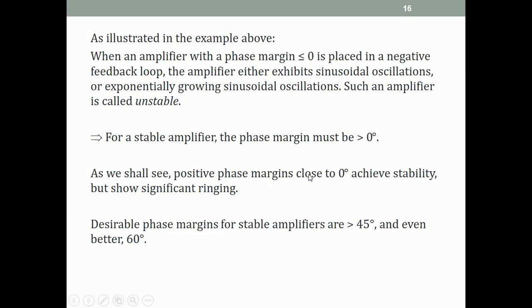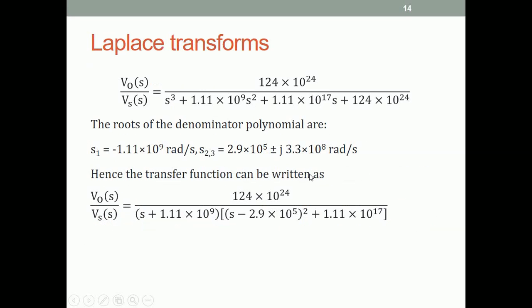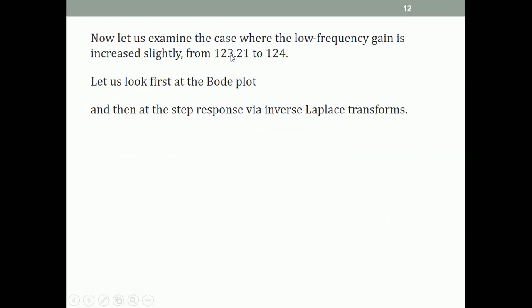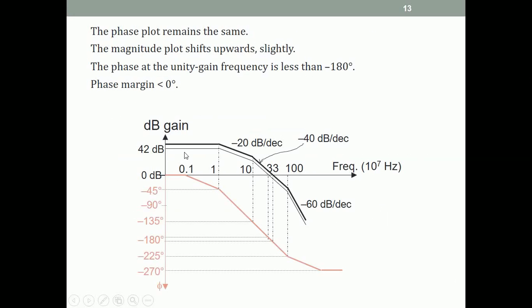Okay, so I did not discuss this, but you can try this yourself. If the phase margin is positive, so what you can do is, here we did increase the gain to 124. Suppose you were to reduce the gain, alright, from 123 to 120 or something, then the magnitude plot will go down, the unity gain frequency will be lower, the phase magnitude will be less than 180 degrees, so minus 175 or whatever.